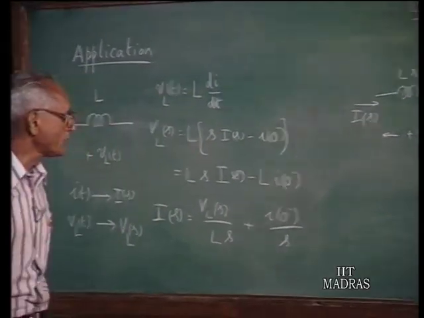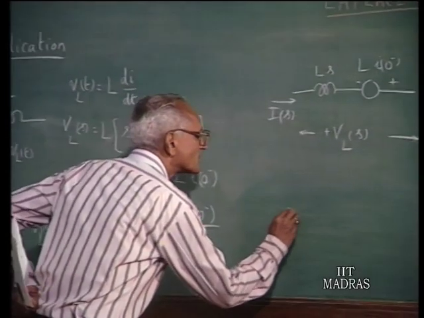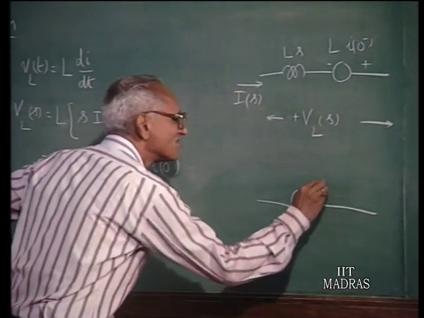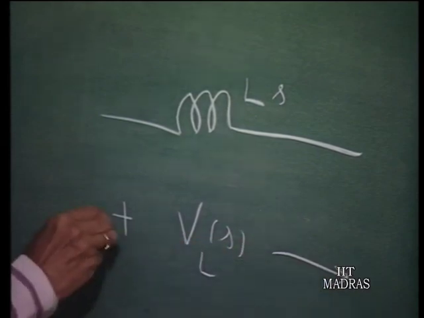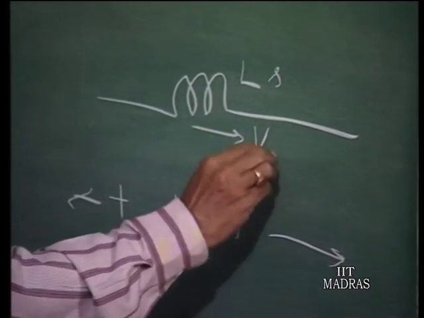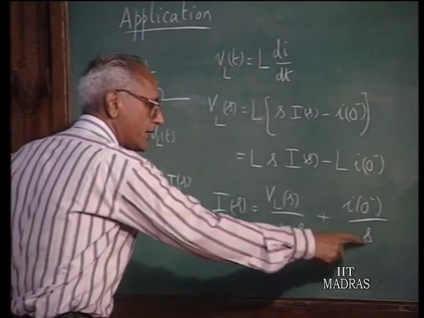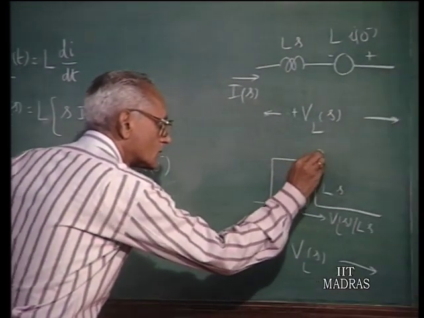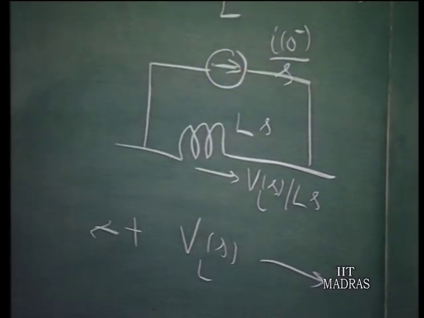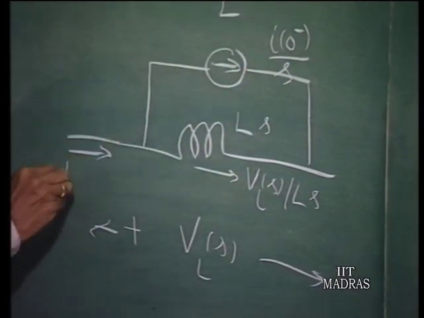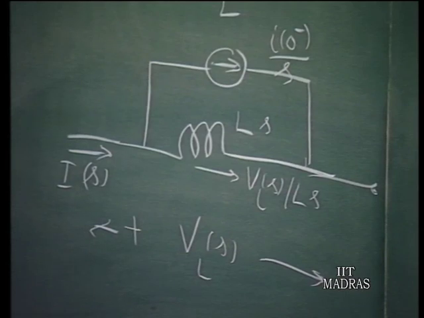Similarly, if you want to model this equation by means of an equivalent circuit representation, we have an element having a generalized impedance L S with a terminal voltage V L of S. So naturally the current here will be V L of S over L S, but the terminal current I S is larger than this by an additional value, therefore you should have a current source which is I0 minus over S. So the sum of these two currents will be your terminal current I of S. So this then is another equivalent representation of an inductor in the transform domain.